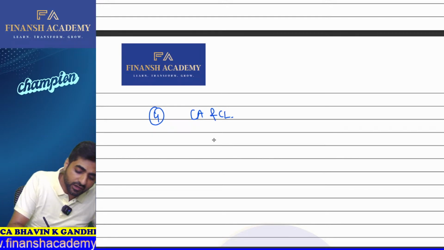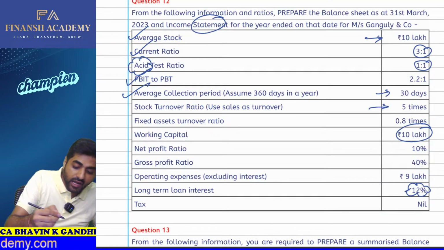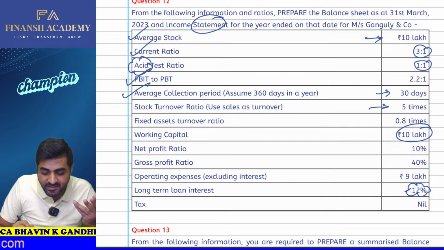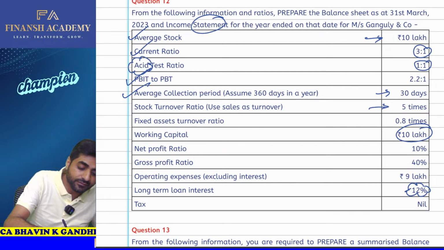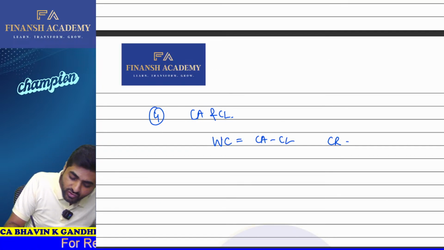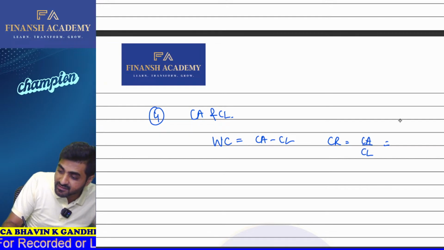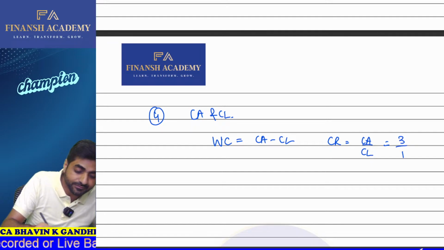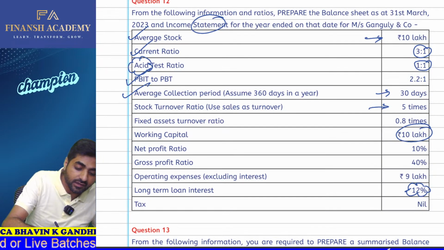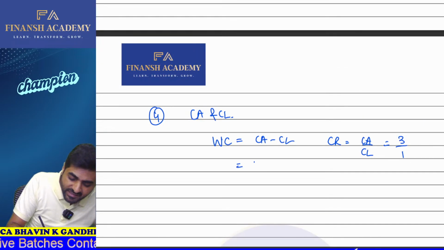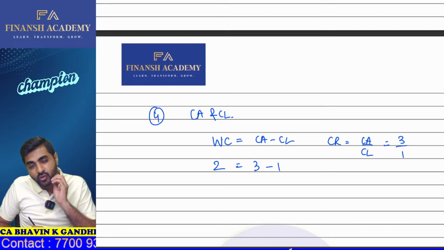What is the formula? The formula for working capital is CA minus CL. Do I have the current ratio available? Yes, sir. It is 3 is to 1. So my current ratio is CA upon CL, and that is nothing but 3 is to 1. Correct? So my CA is 3, my CL is 1. So working capital will automatically become 2.